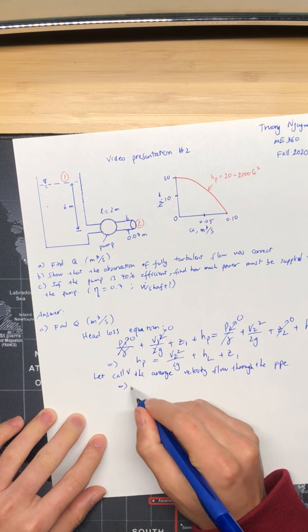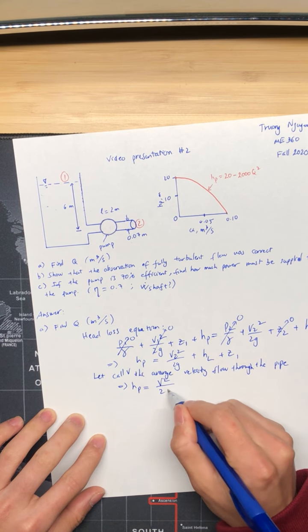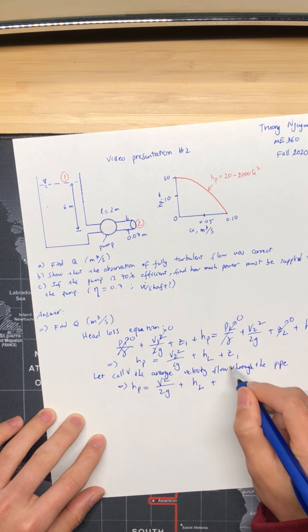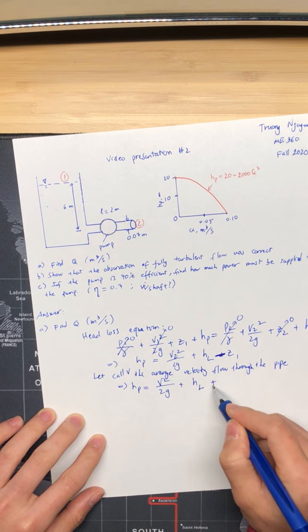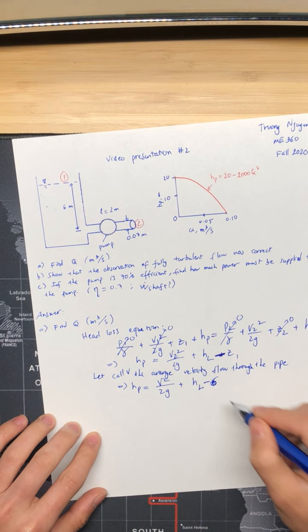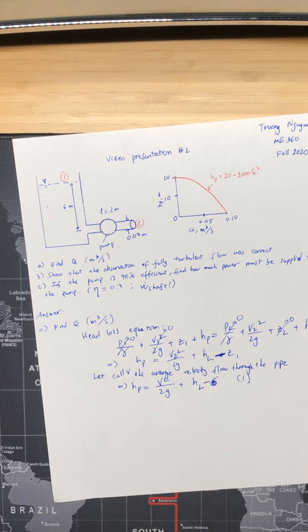So head pump equals V squared over 2g plus head loss, no, this should be minus 6. We call this equation 1.